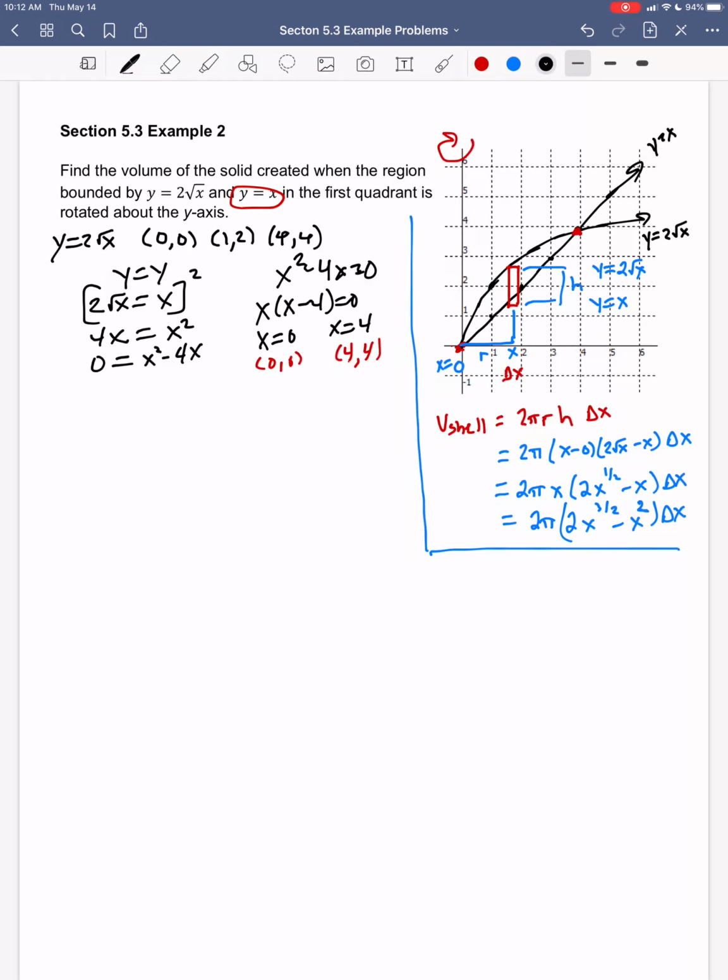So going back to find the whole volume, I can factor out the 2 pi. My integral here is in terms of x. So I'm starting at the left at x equals 0. I'm ending up at x equals 4. And I'm going to get this 2x to the 3/2 minus x squared dx.